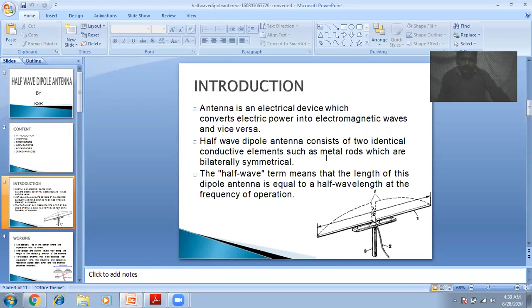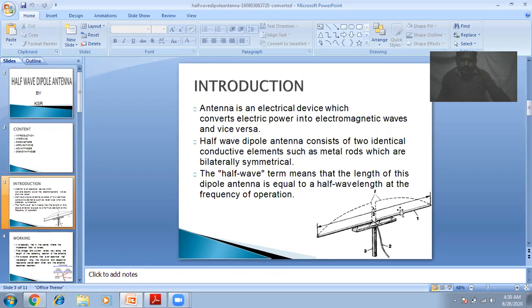So just the introduction. It is the antenna having a length lambda by 2. Let us see, this antenna is having a length of lambda by 2 from this end to this end, or from the tip of this antenna to the opposite tip of this antenna.